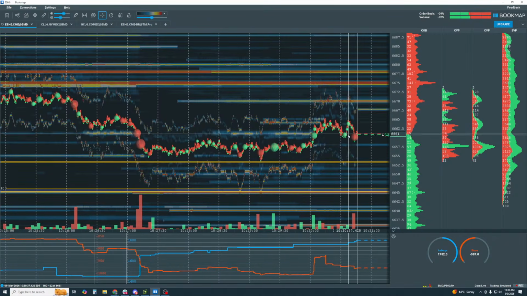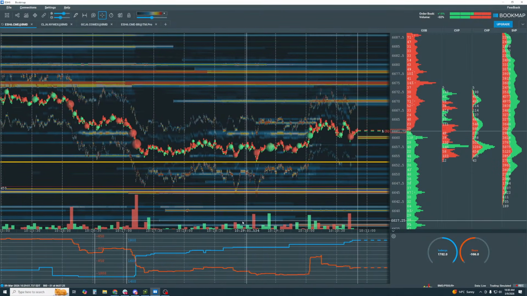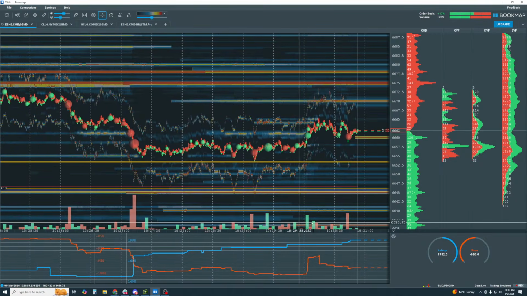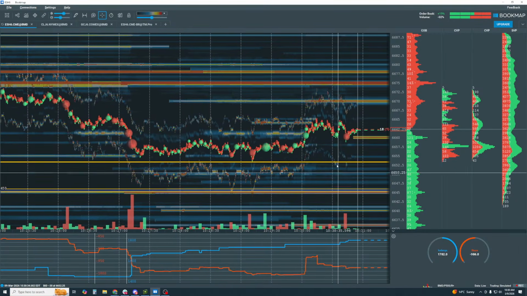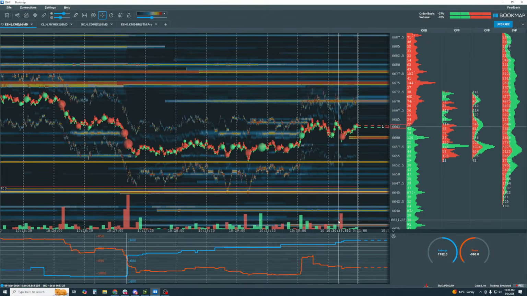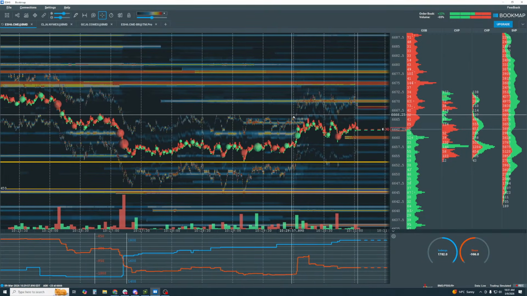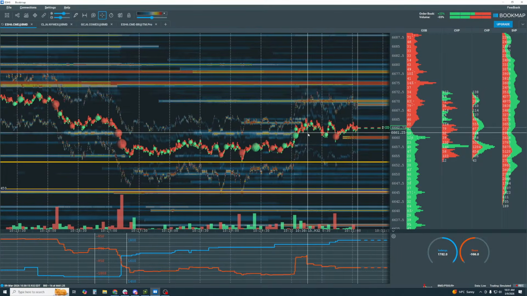No. See that selling came back in here. I mean, it's just chop. It's hard to read and understand or look for opportunity with the back and forth of the buying and selling. And that's good. That'll keep us out.